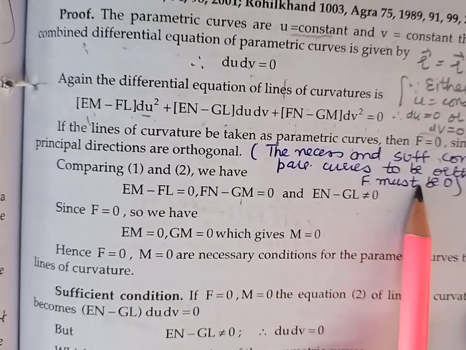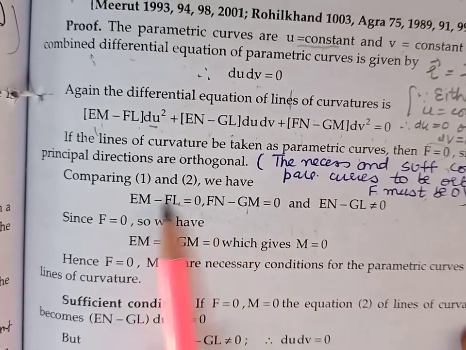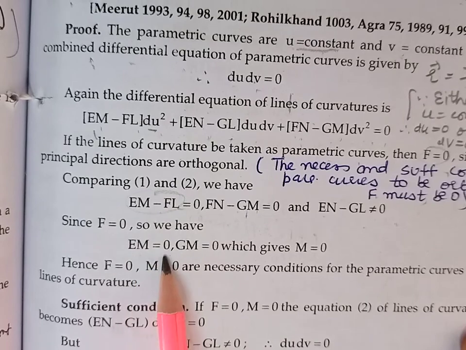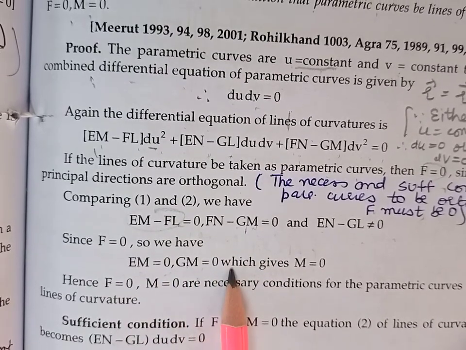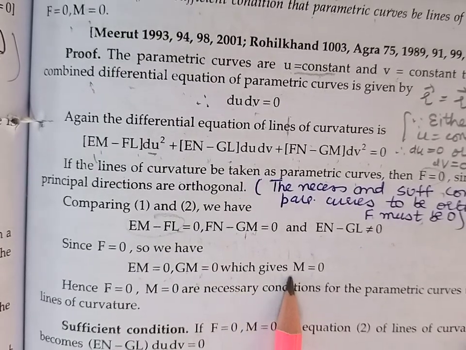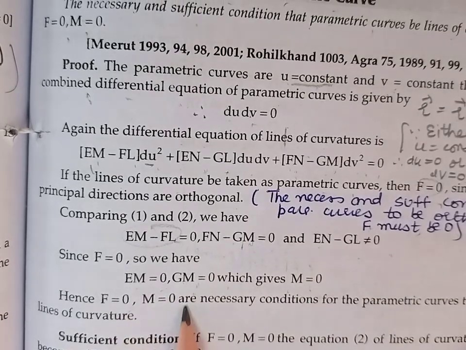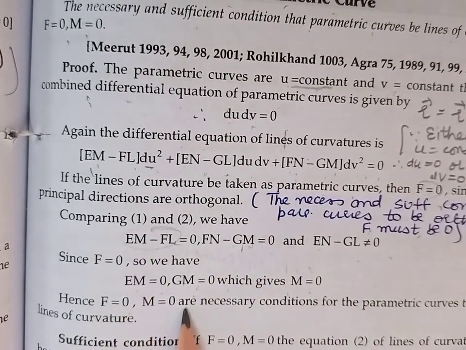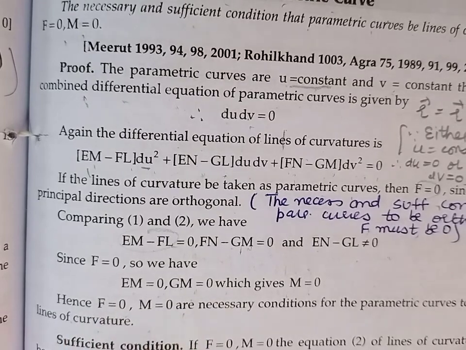Now as F is 0, substituting F = 0, this equation becomes EM = 0 and this becomes GM = 0. So from here we get M = 0. Thus we have obtained both conditions, F = 0 and M = 0. So these are the necessary conditions for the parametric curves to be lines of curvature.